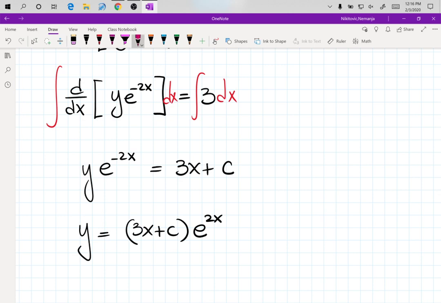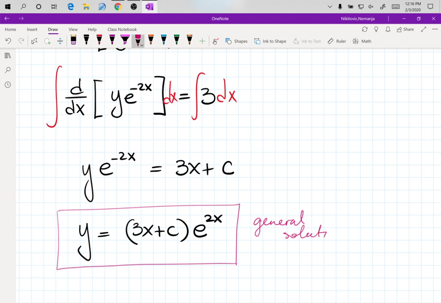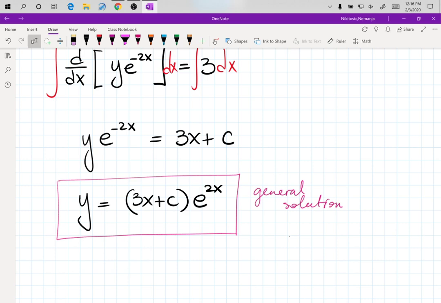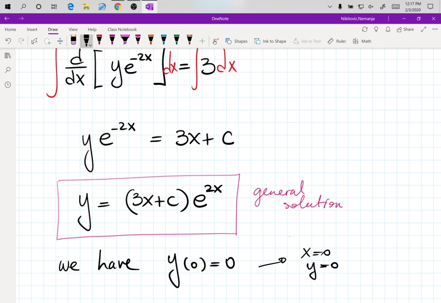Then we have to use the initial condition, right? So now this is what we call the general solution. We have that c. But wait, we have y of 0 equals 0. That means x equals 0, y equals 0.